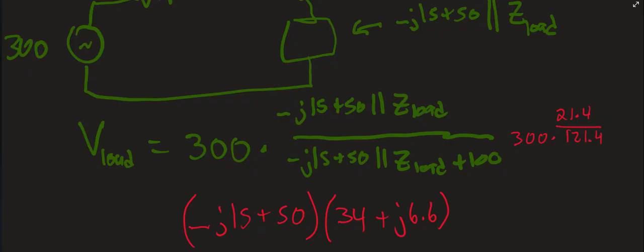All right, so this is going to be our voltage. 300 times 21.4 over 121.4, I don't think y'all need to see me do that, is 52.88, and this will be angle 0.